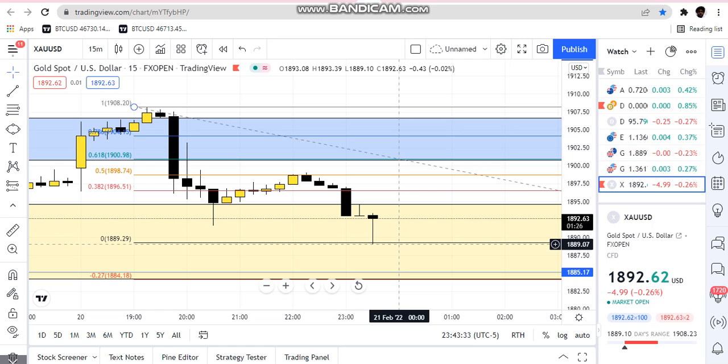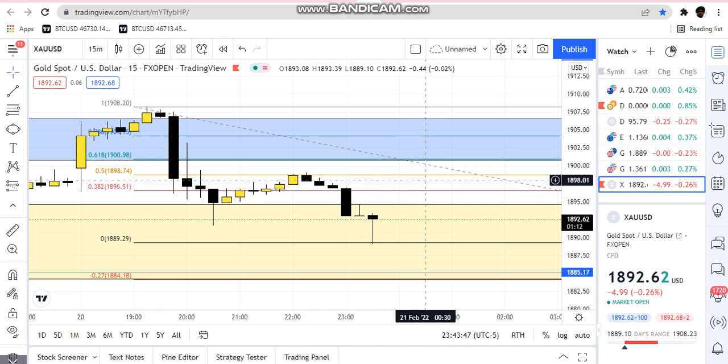Boom, you could have taken profit again, from the 0.5 Fibonacci 1898 to 1889. And now price is going to head back up to 0.382, 0.5 before finally pushing back down to 0 and then the 27 extension.